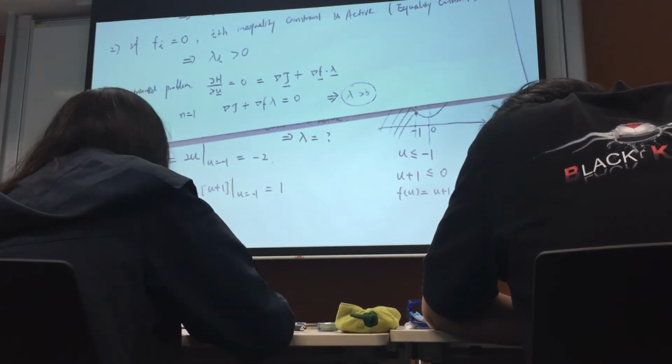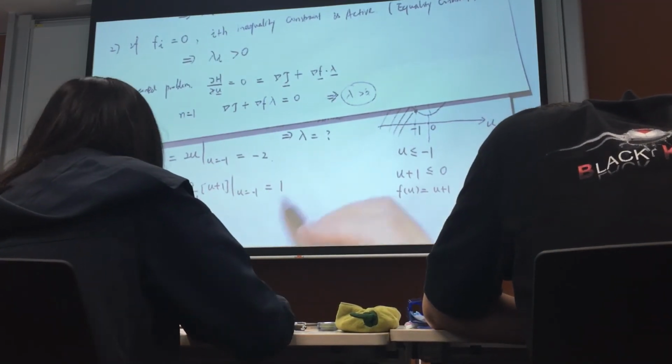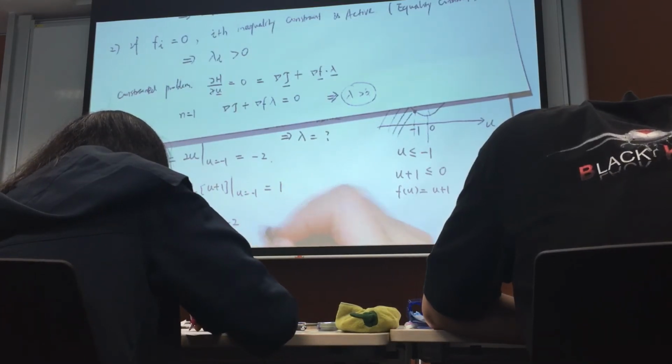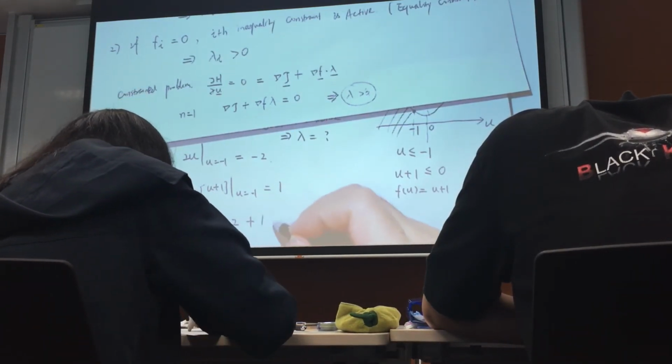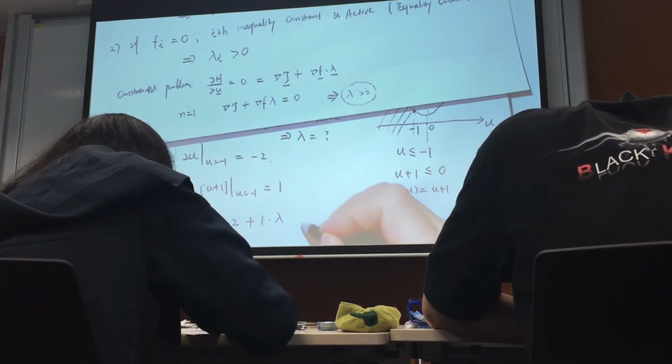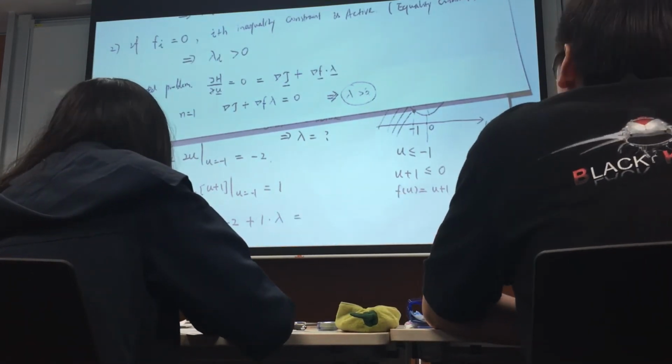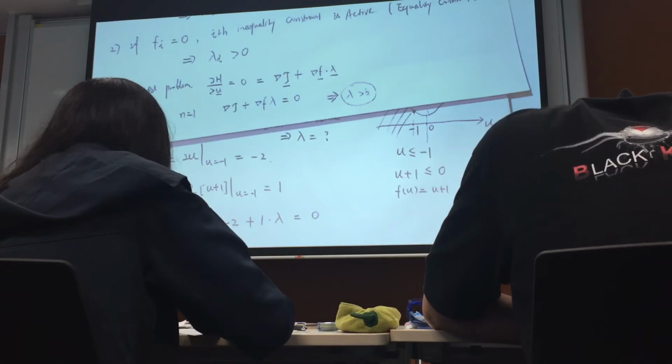We have delta J equal to minus 2 plus delta F equal to 1 multiplied by lambda, and this equal to 0.